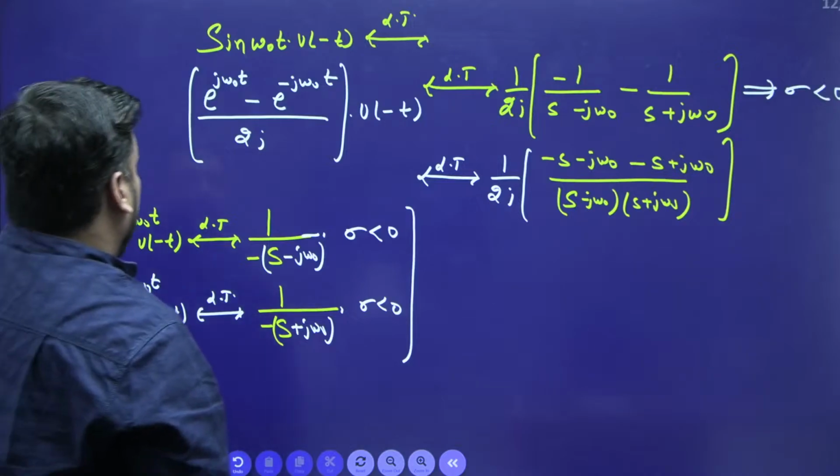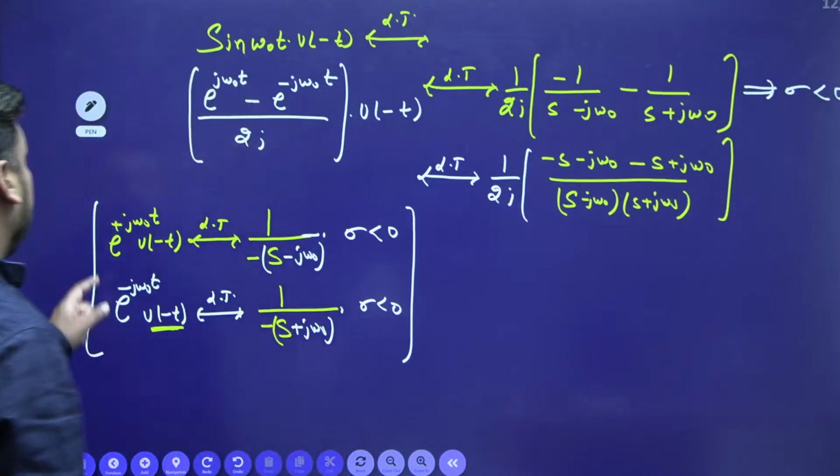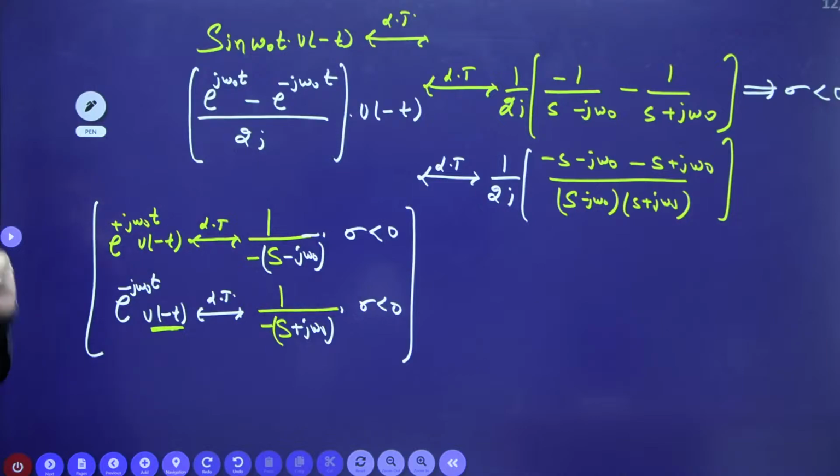Yes. So here is s minus j omega naught minus s. Because of s equal to minus s, inside s you have replaced as minus j omega naught, so actually it is s minus plus j omega naught, or it is also this.